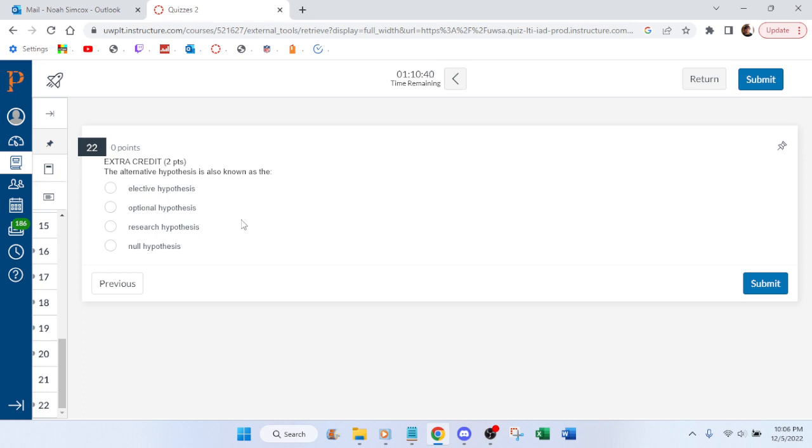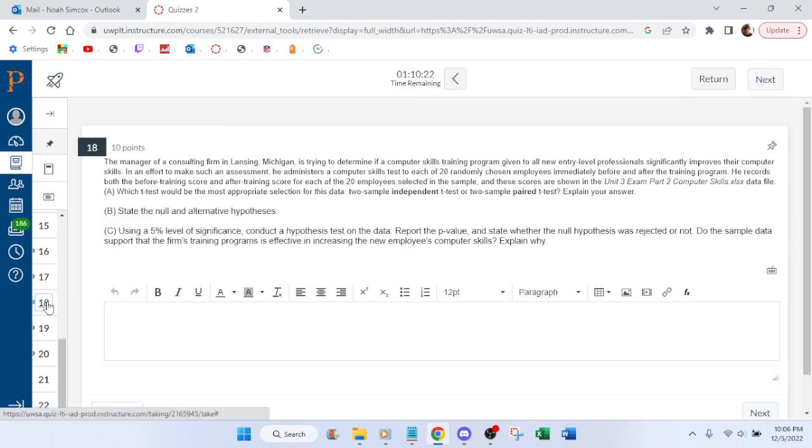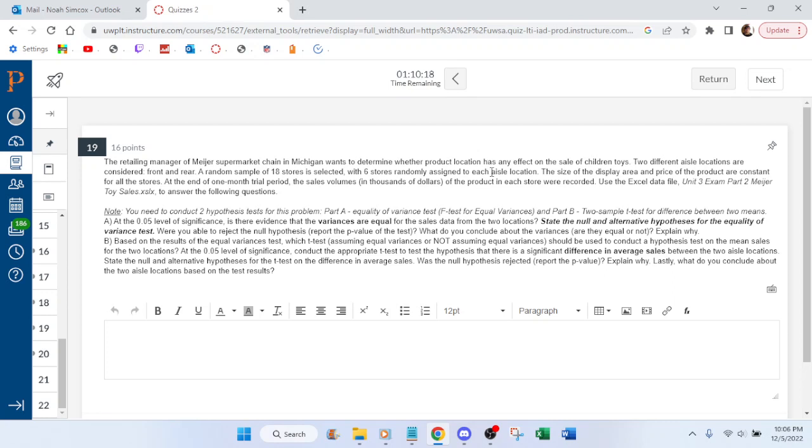That's the advantage of taking a million screenshots of all the key terms and putting it on a piece of paper. So the alternative hypothesis is also known as the research hypothesis. The last 2 questions were just multiple choice. We only have 2 more left, and a whole hour and 10 minutes to do them.